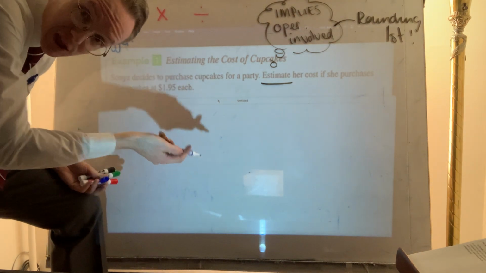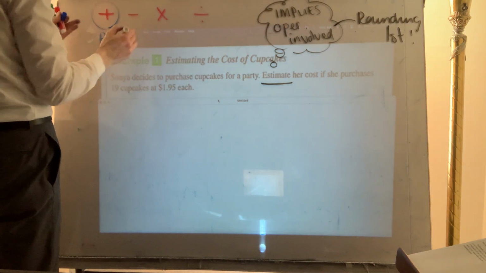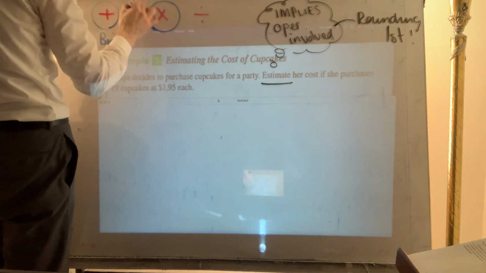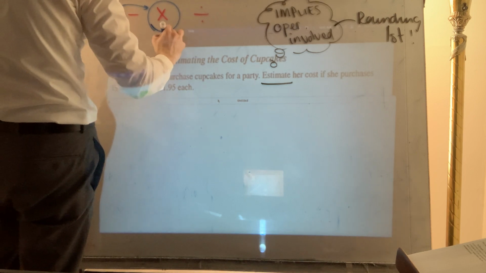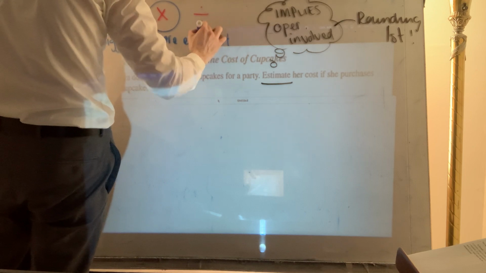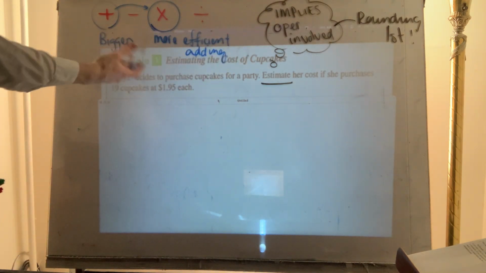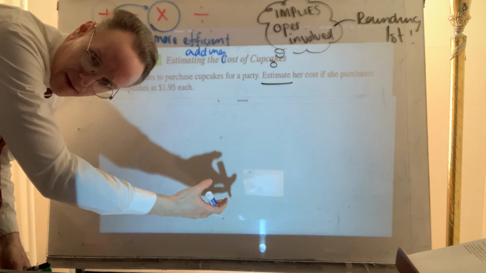Or is that inefficient, right? A slightly more sophisticated form of adding is multiplying. This is more efficient adding. So, although again, it's not explicitly telling you to multiply, one could infer that.